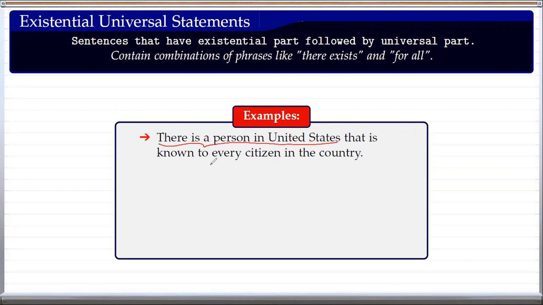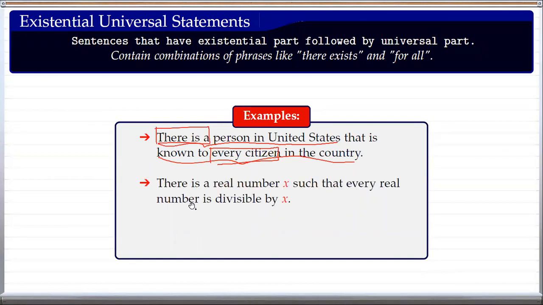And then the second part, that is known to every citizen, or every citizen knows that person, is the universal part, because the second part talks about every citizen. The first part talks about there exists, or there is at least one person, so that would be the existential part. So this is an existential universal statement.